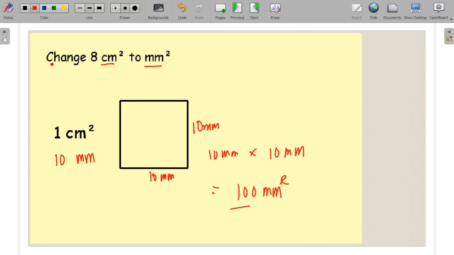Okay, that's the ratio. And then you have 8 here, so times 8. Final answer, 800 millimeters squared units.